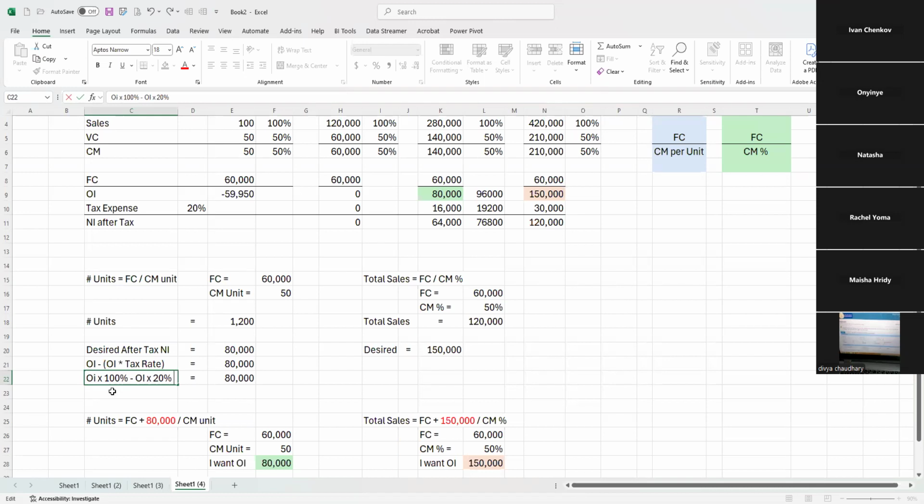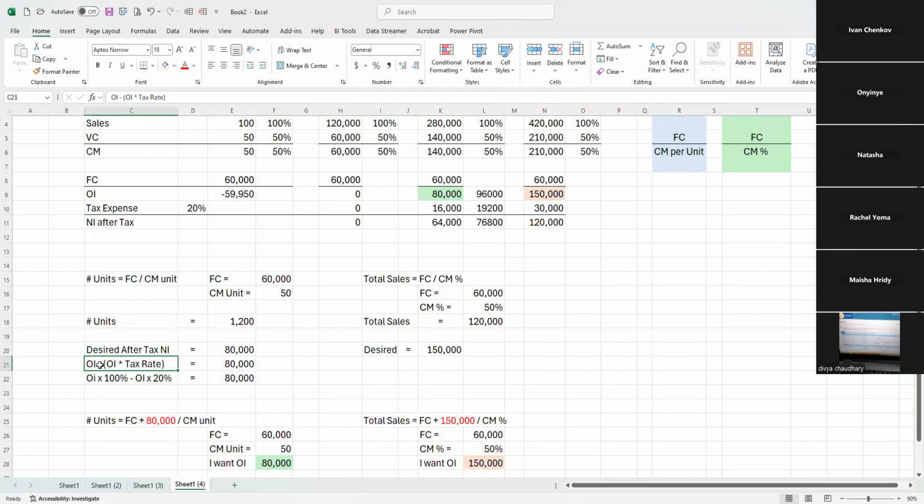Professor, I didn't get it. Our operating income is 100%. When the operating income is 100%, it is the operating income, right? But then I have the tax rate, which is the operating income times the 20%, correct?